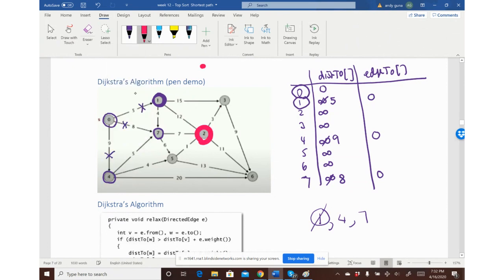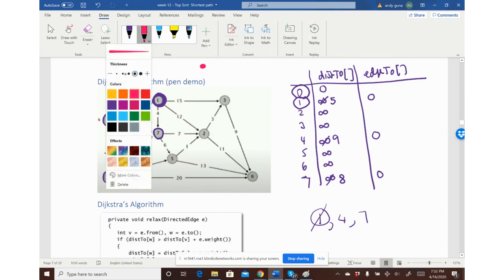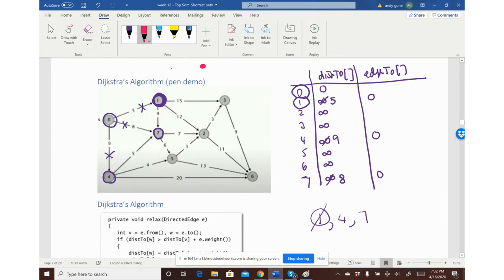So if you look at those 3 nodes, those are the nodes that are connected to 1. Okay, so now I can update the node 3, node 2, and node 7.